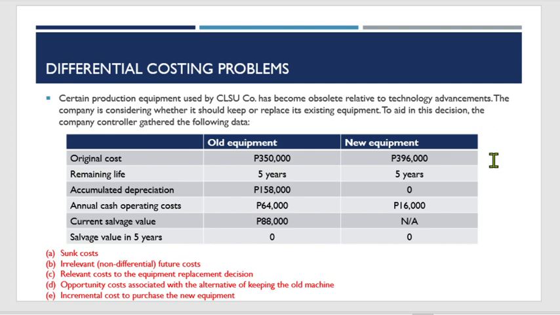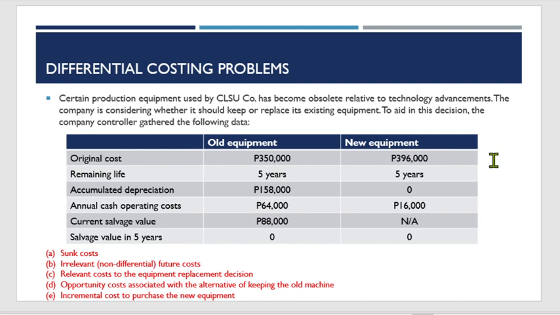So magkano ang relevant cost ko dyan? 64,000 minus 16,000, that is 48,000. So what's the answer for item C? 396,000 na new equipment, 88,000 na salvage value ng old equipment, and then the 48,000 na operating savings. Kumbaga savings mo yon because of the lesser cost.